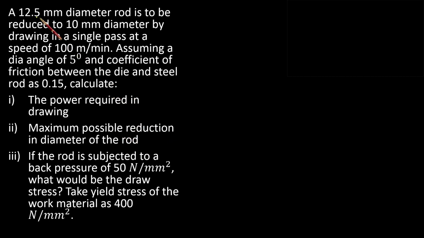Here it is written: a 12.5 mm diameter rod is to be reduced to 10 mm. So obviously d naught is equal to 12.5 mm, d1 is equal to 10 mm, at a speed of 100 meter per minute. Velocity 100 meter per minute.